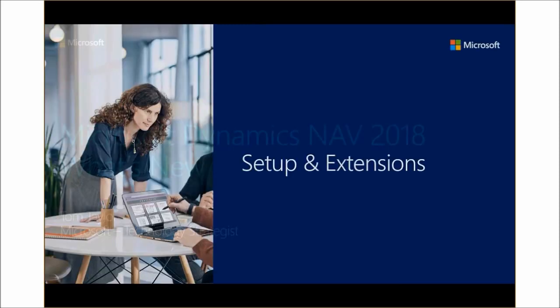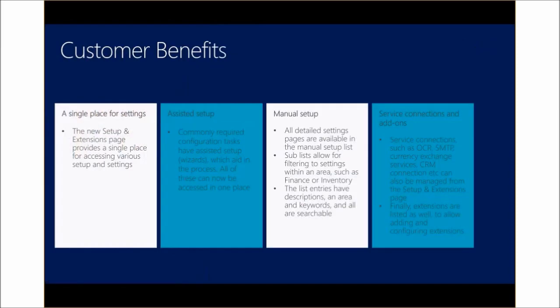So let's begin by taking a look at our first feature called Setup and Extensions. In NAV 2018, we've organized an activity group where all your settings are on the Role Center. In this activity group, you have all of the assisted setups to configure the application.